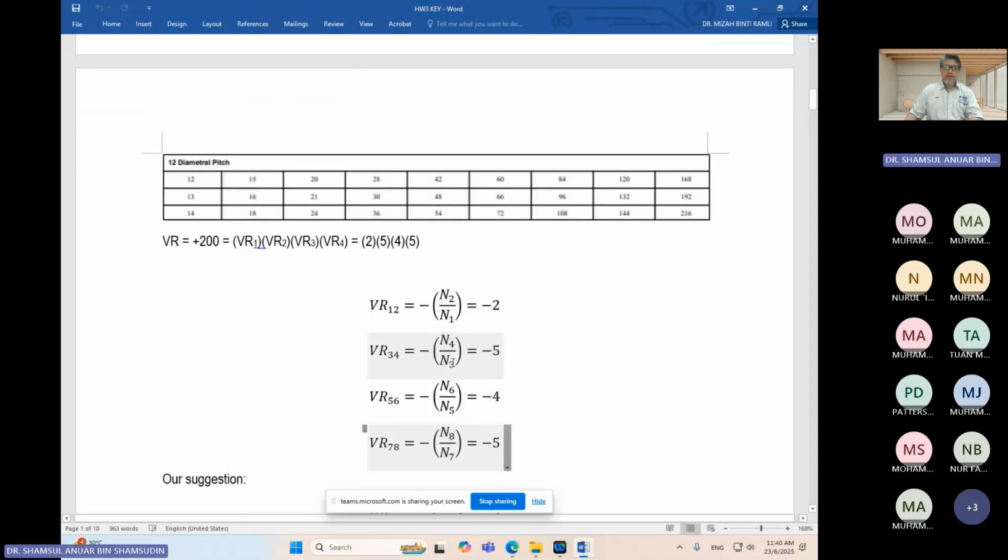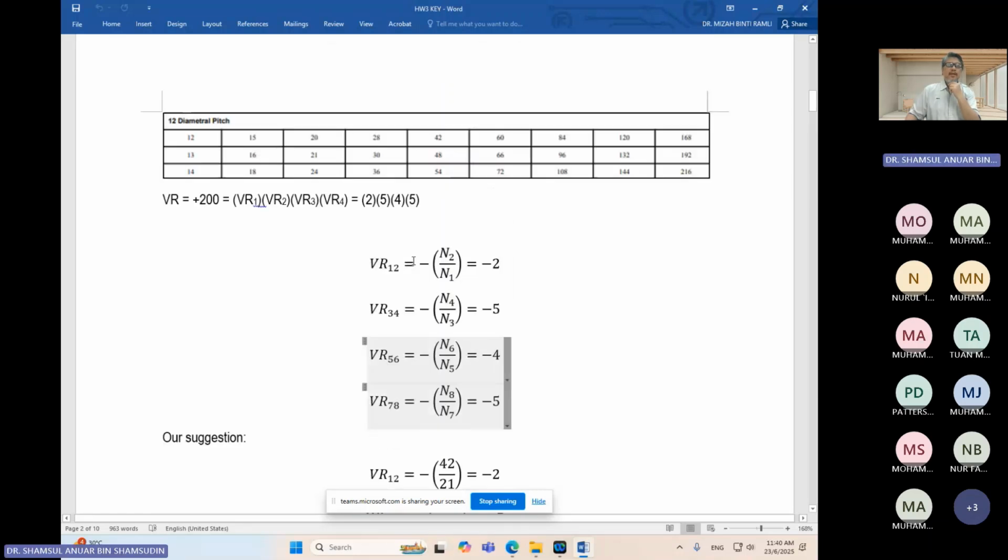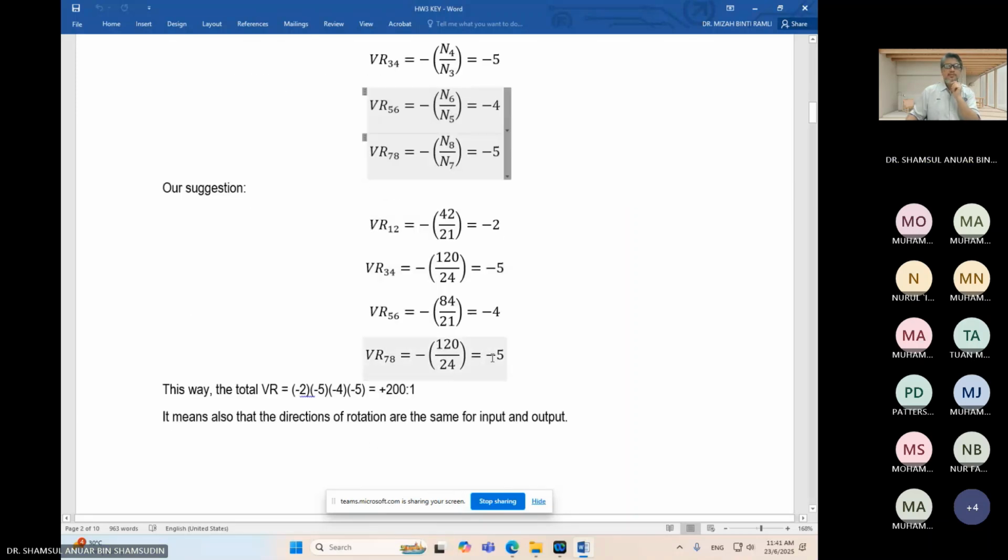That's why you can choose this pair. 24 and 21 are available. If we choose 20, we need to have 80, but 80 is not available. So that's why we cannot choose 20 and 80, because 80 is not available. Okay, and then 7 and 8 is 120.